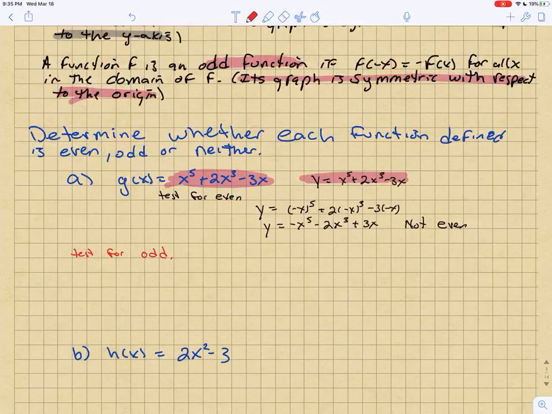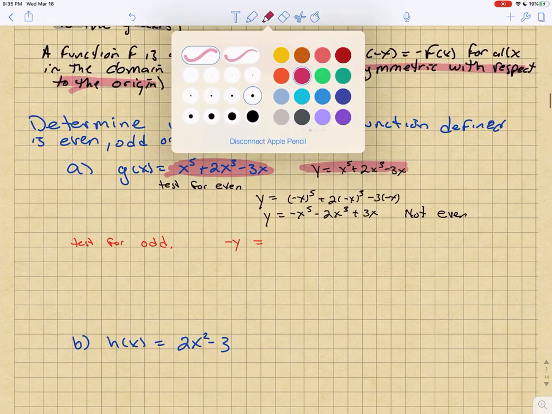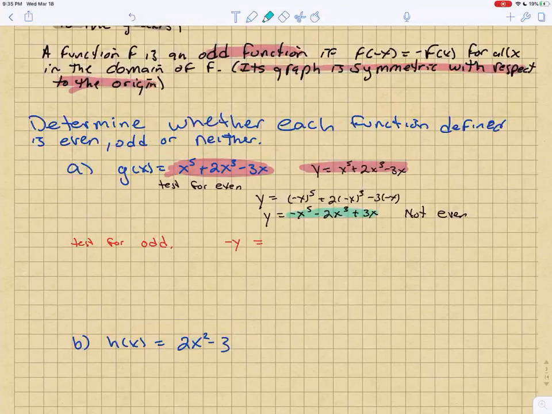Well, the test for odd says replace x with minus x and y with a minus y. So I have minus y is equal to, well, we already have the minus x part, right? We already did all that work. So I'm just going to be lazy and copy it down. Let's multiply by -1. When I multiply that by -1, y becomes positive, good.